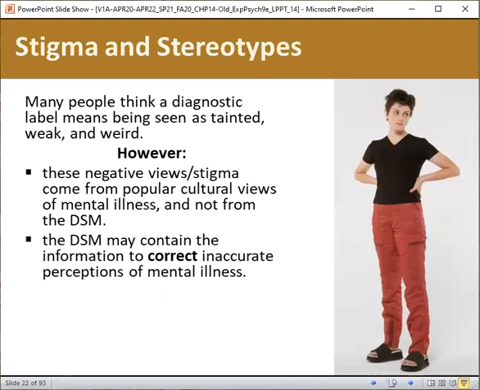If you watch any of the TV shows like Law and Order or CSI, a lot of our most popular shows are about crime. And oftentimes, in Law and Order, which is the one I'm familiar with, when they would have somebody who had a mental disorder, they were normally portrayed as being very, very violent. This is not to say that doesn't happen.